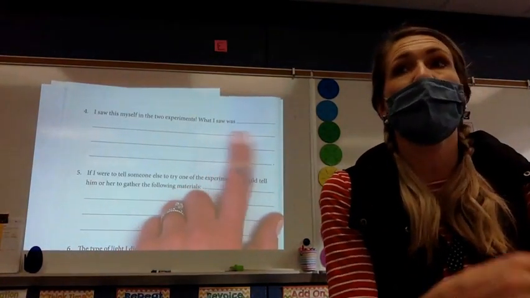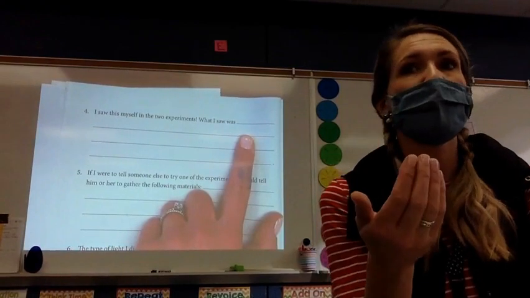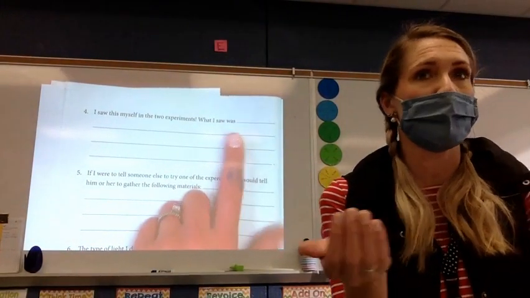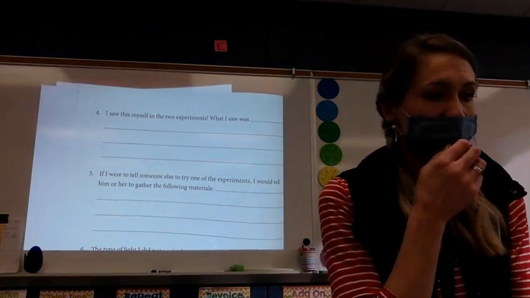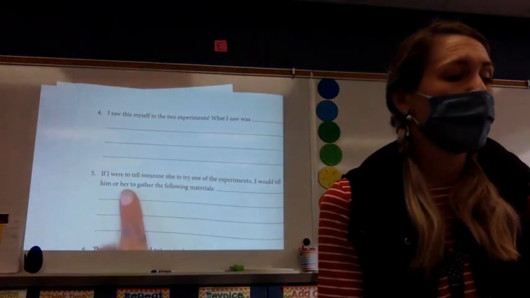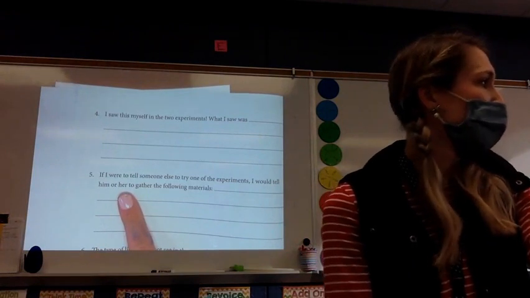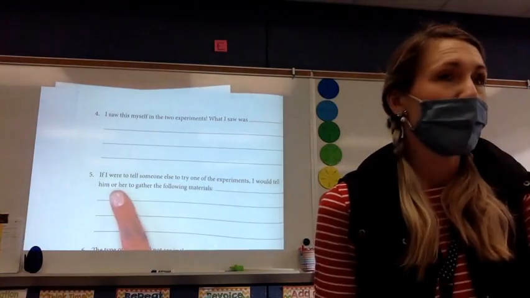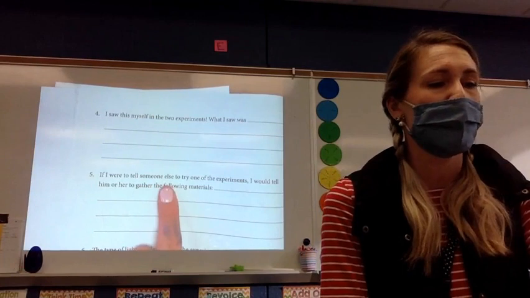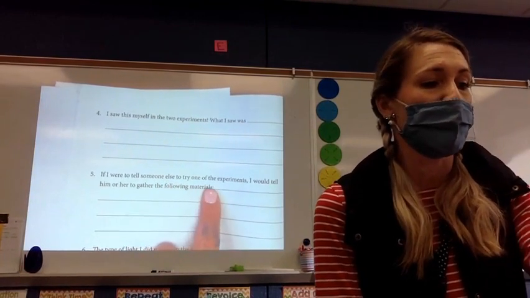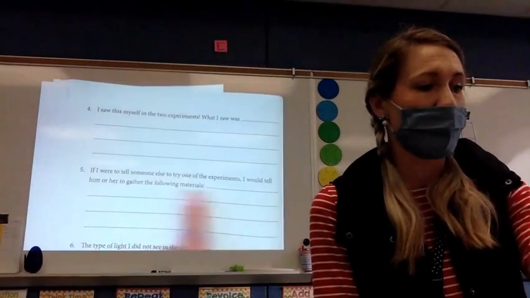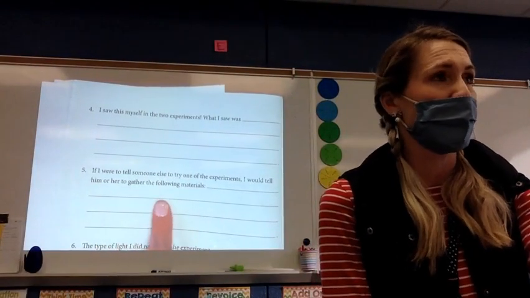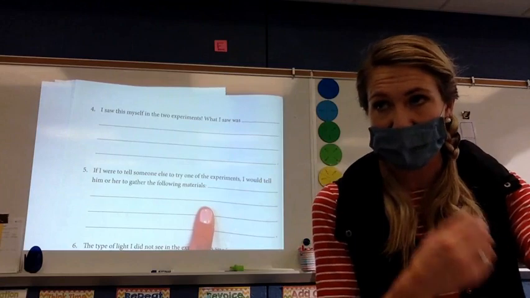What I saw was. So this is where you're writing what you saw happen in both the experiments. Was it a similar result in both the experiments? Yes. Definitely. Go ahead and point to number 5. Read number 5 with me. If I were to tell someone else to try one of the experiments, I would tell him or her to gather the following materials.